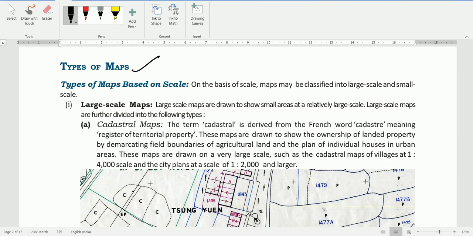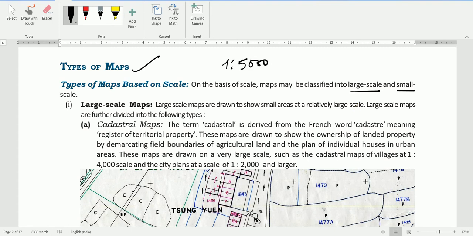So here we have read that maps are classified into large scale and small scale based on the scale.